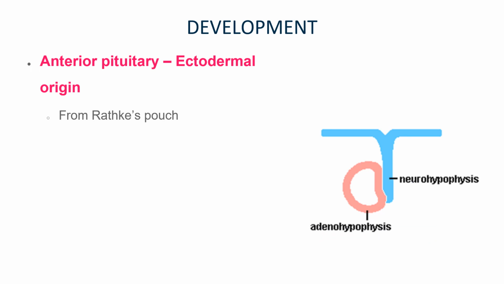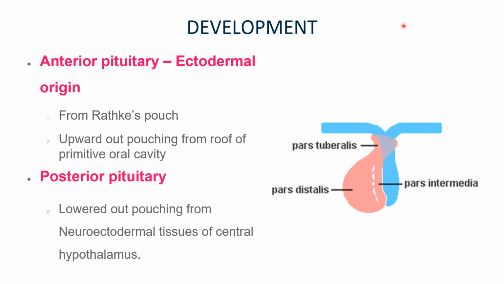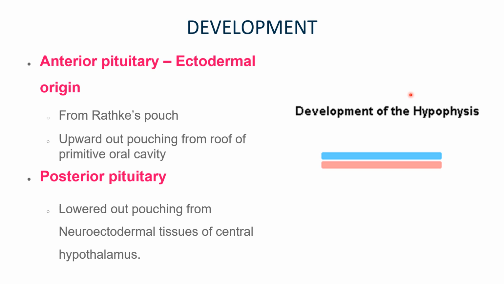Posterior pituitary or the neurohypophysis develops from a downward outpouching of the neuroectodermal tissue from central areas of the hypothalamus.